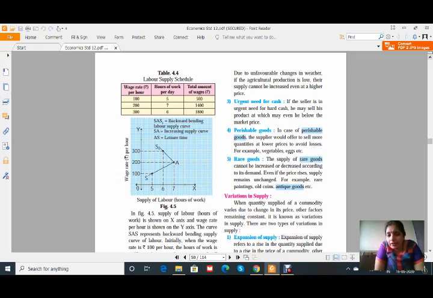Okay. Now, the fifth one is rare goods. The supply of rare goods cannot be increased or decreased according to demand. For example, paintings, old coins, antique goods, etc. These are goods which have a very high price in the market, and even if they are getting a high price, we cannot increase or decrease their supply because those are antique goods, rare paintings.